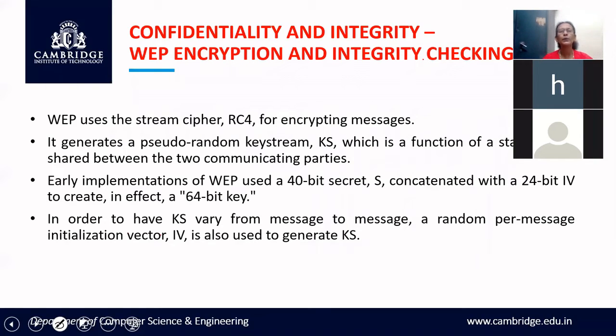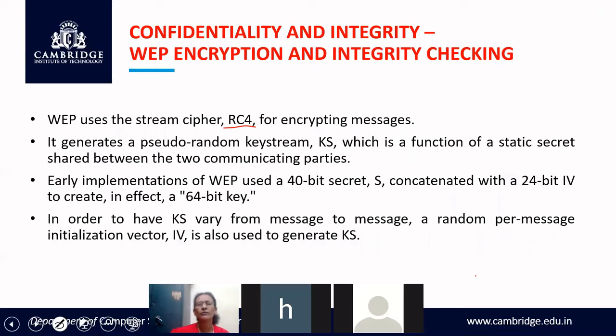Now WEP uses the stream cipher RC4. Now what is this stream cipher? That makes use of a pseudo-random key stream we have seen. Now this key stream is a function of the static key that is shared between the AP and the station.